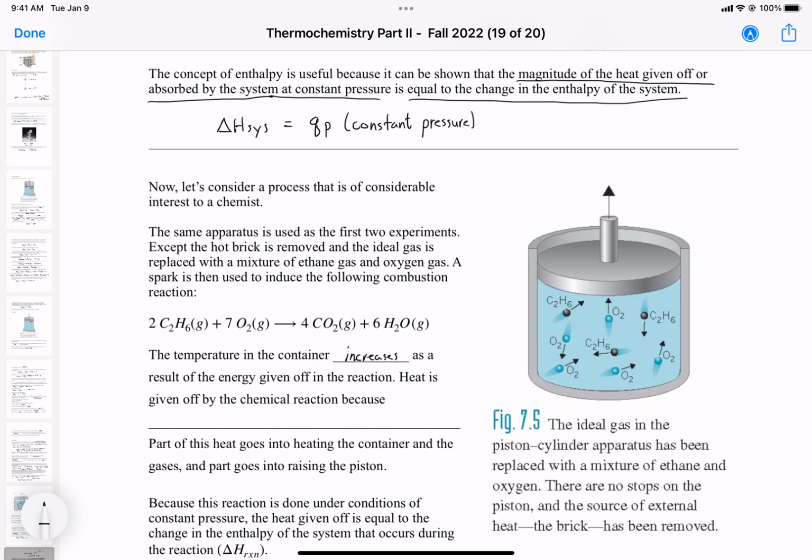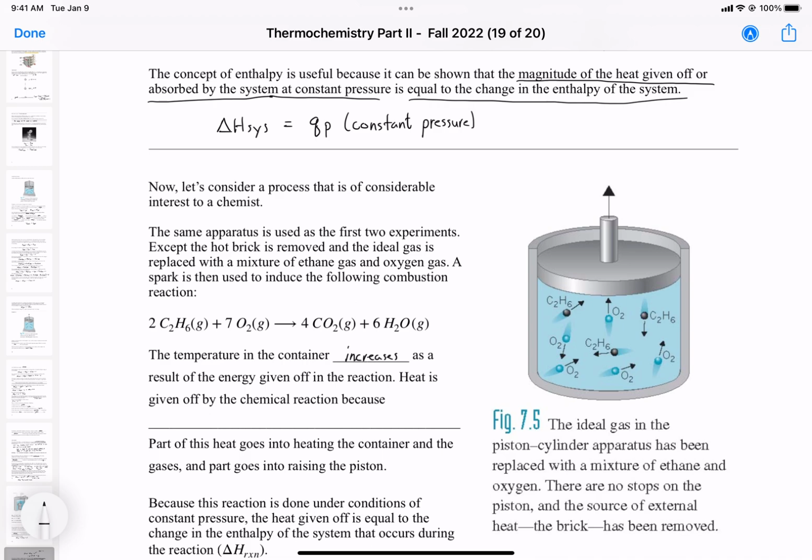So any of the actual energy of the system before is going to equal the sum of the energy of the system, and then any changes in that energy, in this case, the heat produced and the heat lost as work.